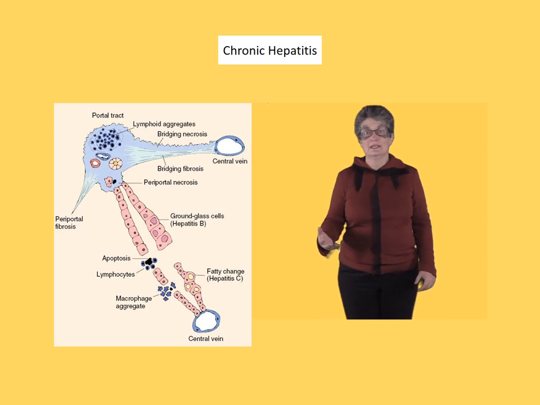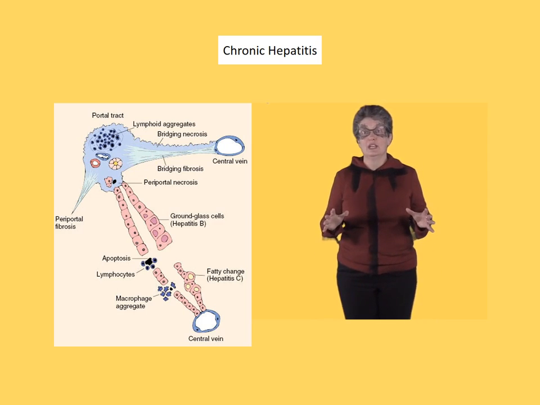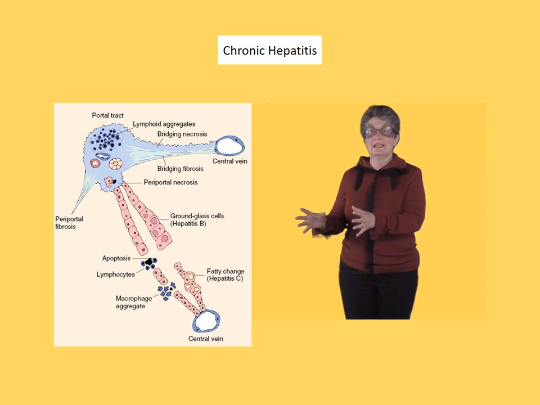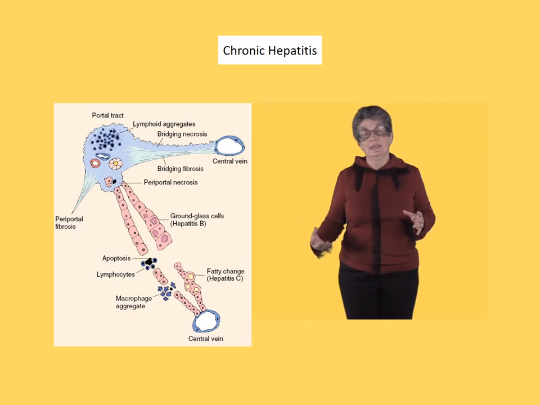In chronic hepatitis, there's also some inflammation in the parenchyma, but often much less prominent. Yes, there's still lymphocytes and still apoptosis, but usually the cholestasis is much reduced.